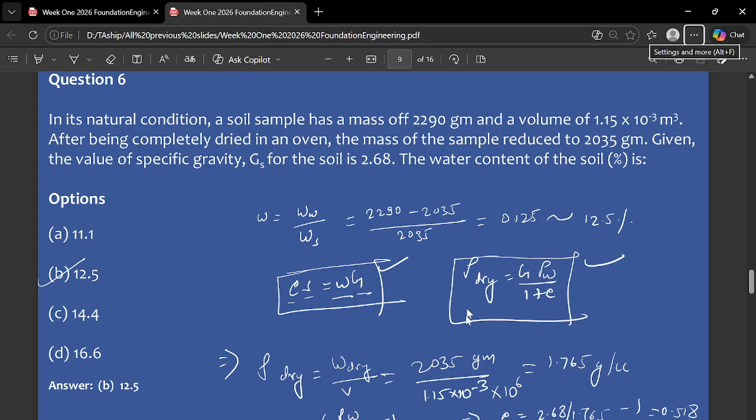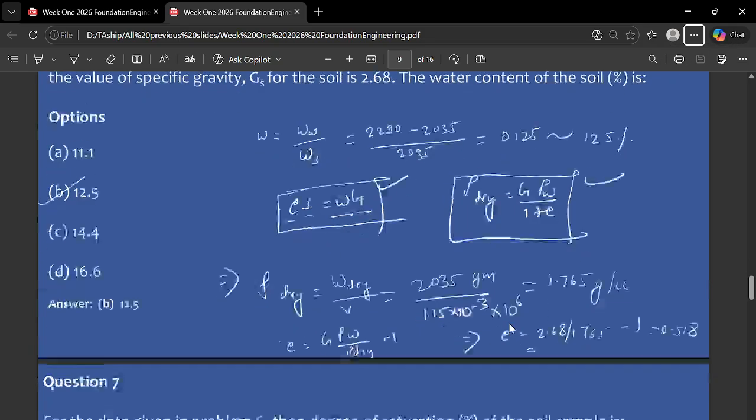So you can utilize this particular relation. For example, for the dry density, if you are given these parameters, you can calculate the dry density, or with the help of the dry density, if other parameters are given to you, you can derive that parameter. So vice versa.